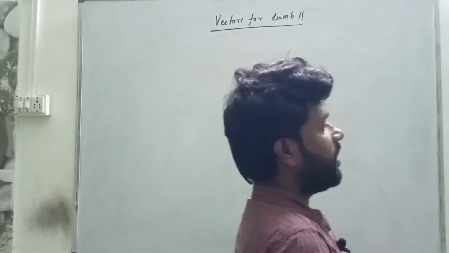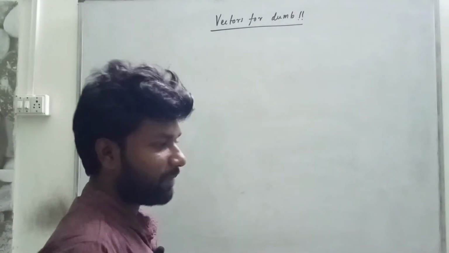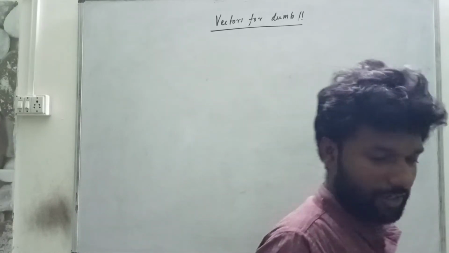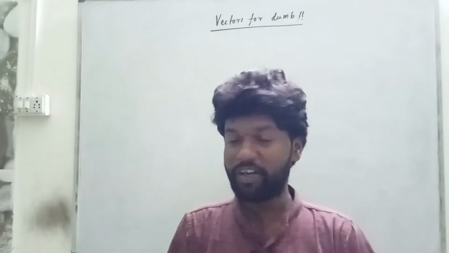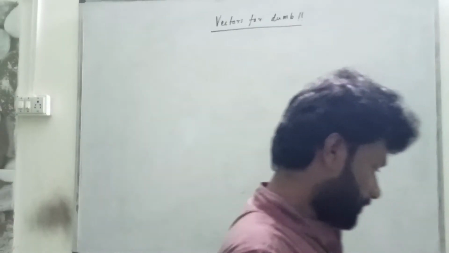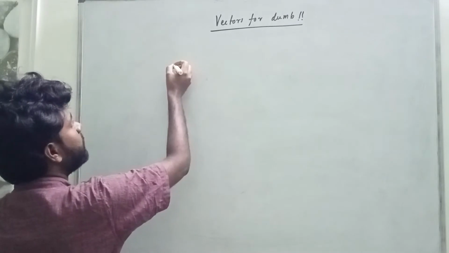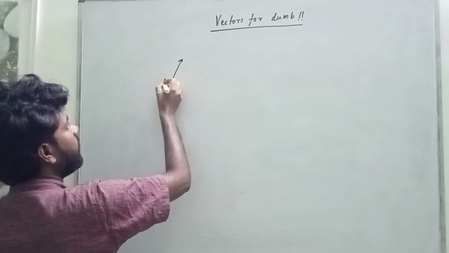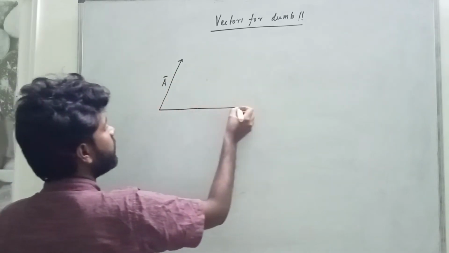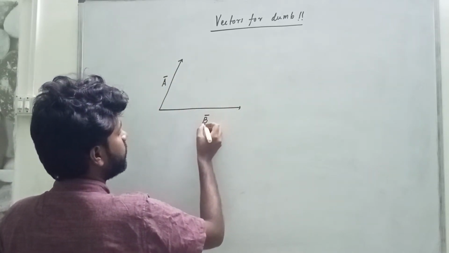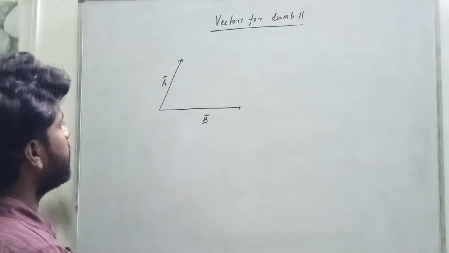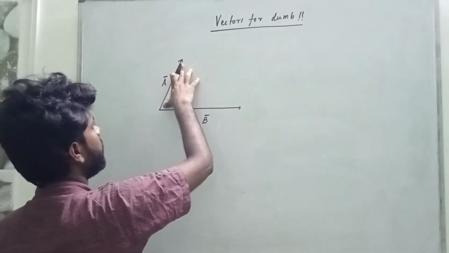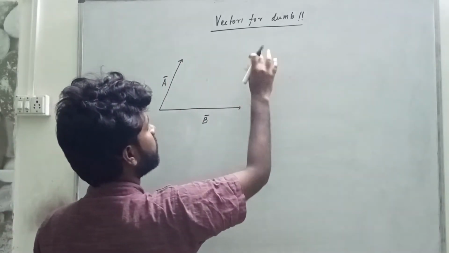So I had introduced to you the addition rule of vectors by some thought experiment, right? If you have two vectors, A and B, the addition of two vectors is just to shift A from here to there.